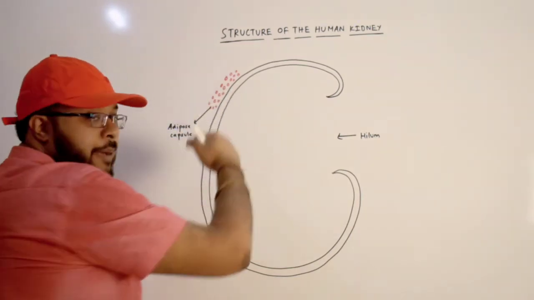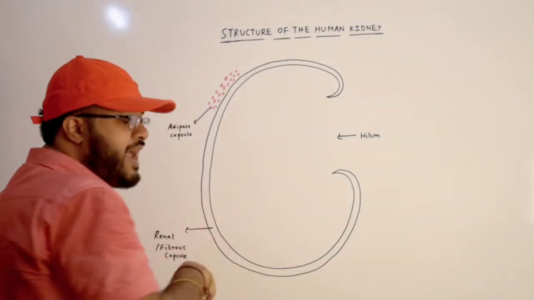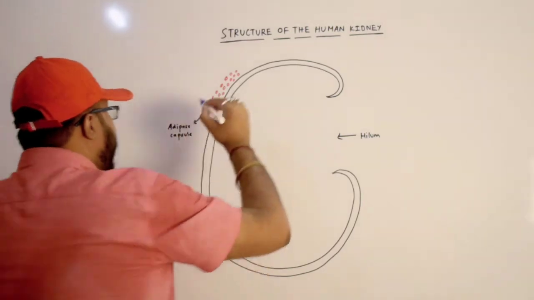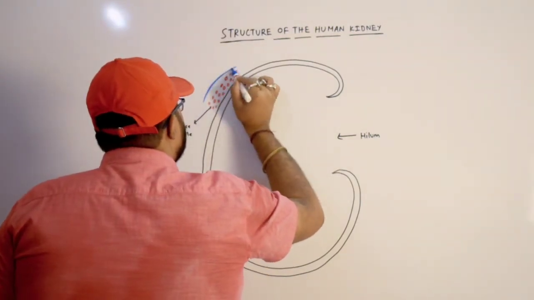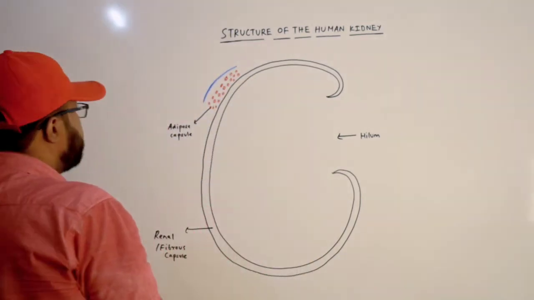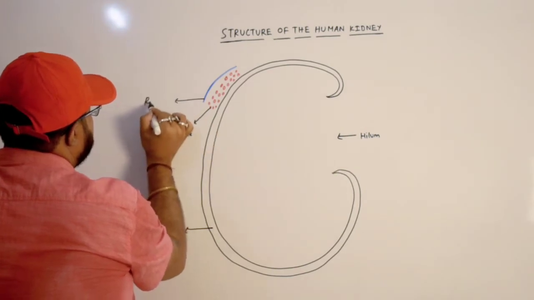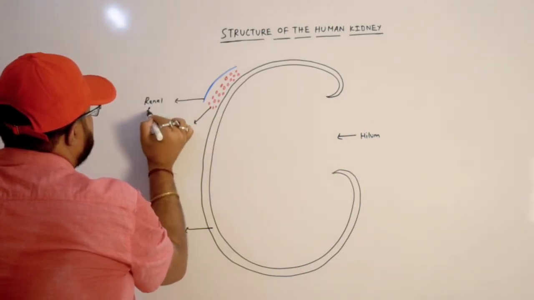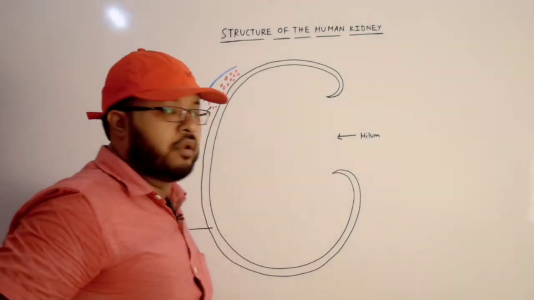The adipose capsule is surrounded by a thin layer of dense irregular connective tissue which is called the renal fascia. So this is the renal fascia, which anchors the kidney to the abdominal wall.